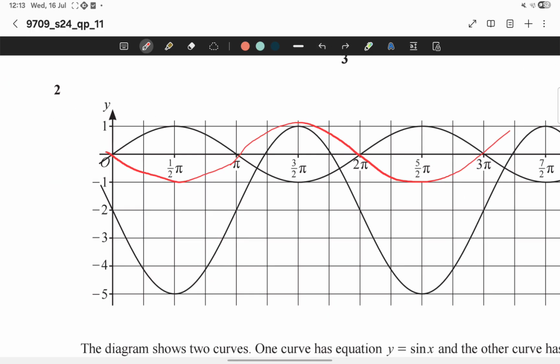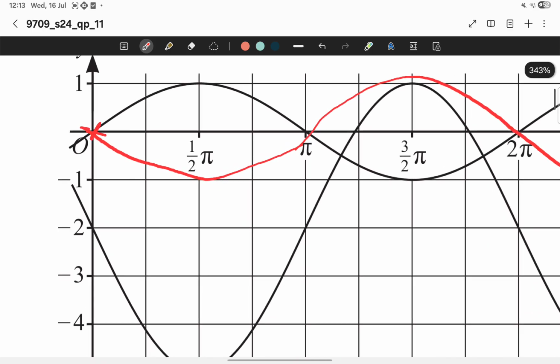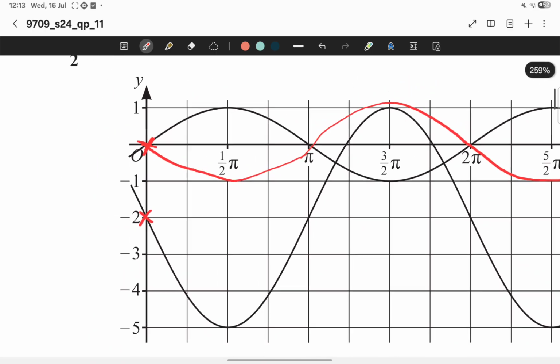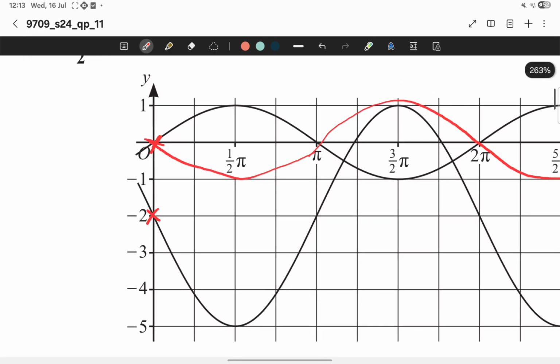If we look at where the graph cuts the y-axis, for this red graph it cuts at the origin, but for this one it's at -2, and that tells me that there was a translation by vector 0, -2.